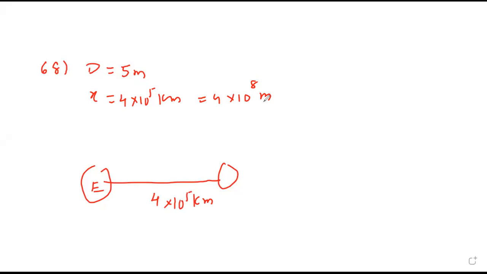Wavelength of visible light is of the order of 5000 angstrom. Then what is the minimum separation between two objects on the surface of the moon, suppose it is y, so that the images are resolved?